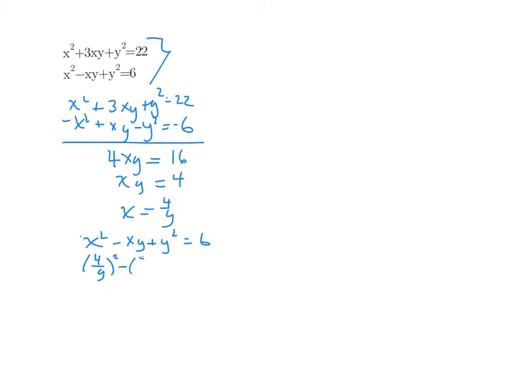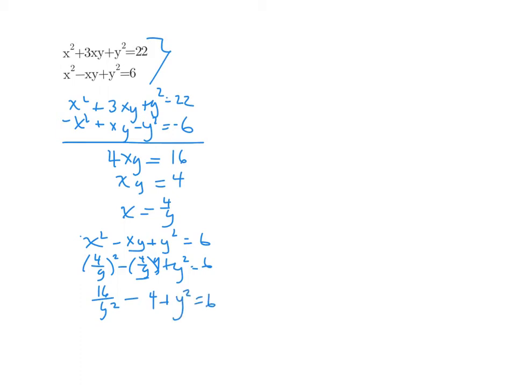And so we get 4 over y plus y squared equals 6. And so that's going to be 16 over y squared. Wait, there was a y right there. So the x was 4 over y and then times y, doing that substitution. So 16 over y squared minus 4 plus y squared equals 6.